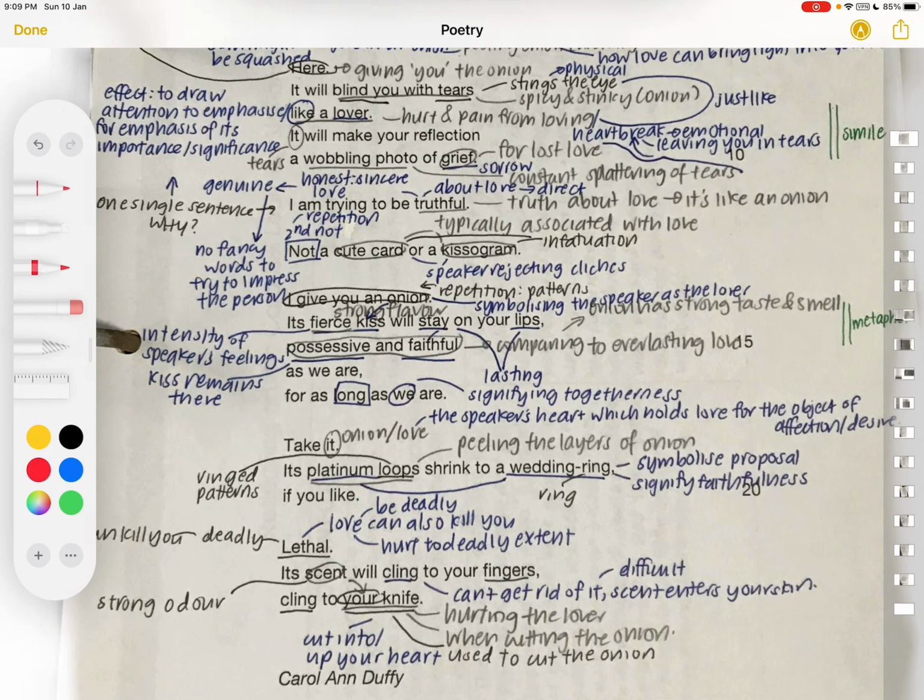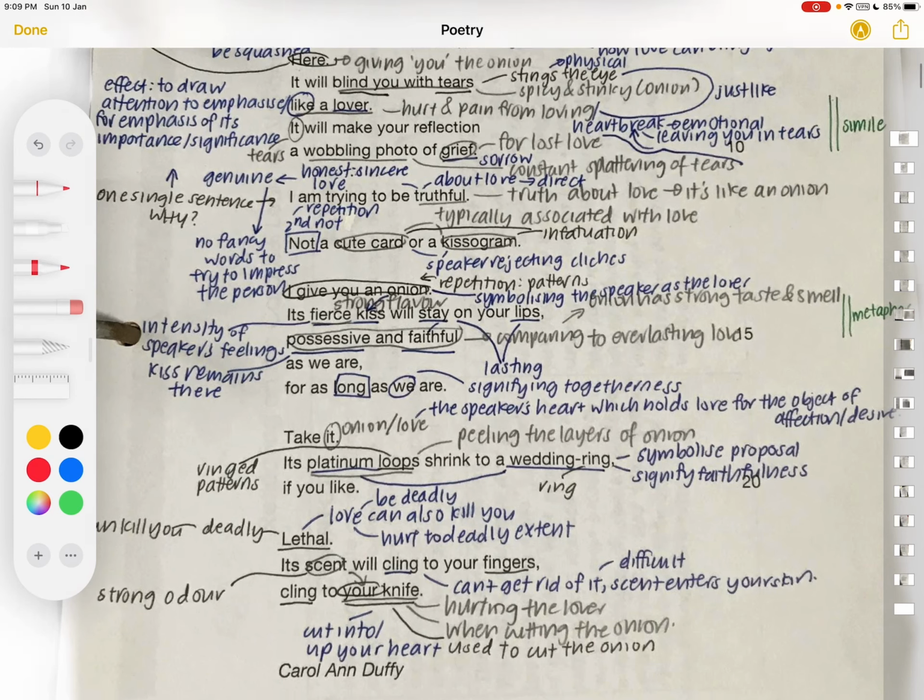So "possessive" and "faithful" both are very strong words, and "faithful" actually is a comparison to everlasting love, and is also similar to how an onion has strong taste and smell. So once again, it is a metaphor. If we take a step back and look at the entire poem, actually this entire poem is a metaphor for love, through the use of the onion.